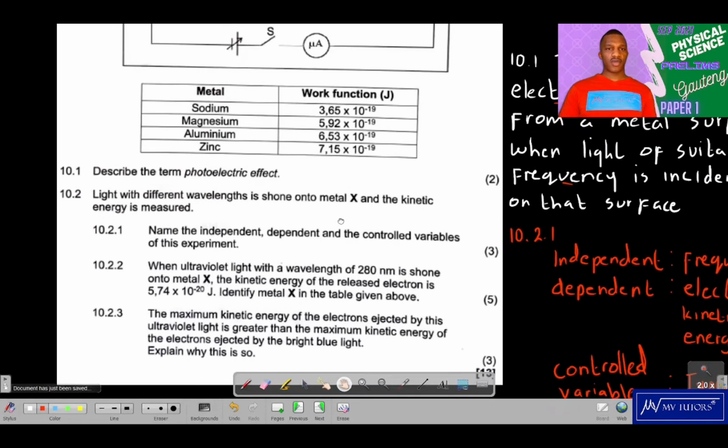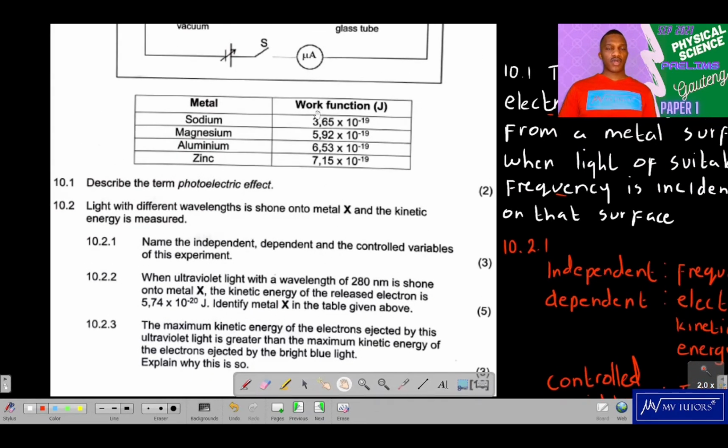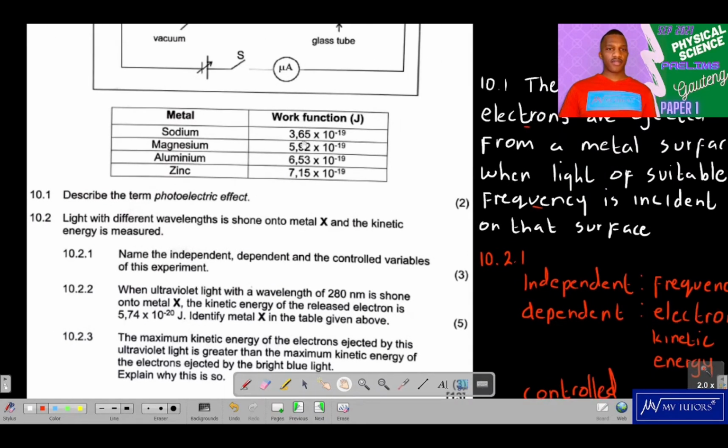So what do we have to do? We have to calculate the work function, and then once we calculate it, it will give us a certain number, and then we'll come back to this table and see which number it corresponds with. Whatever number it corresponds with, that will be the metal that we are looking at.